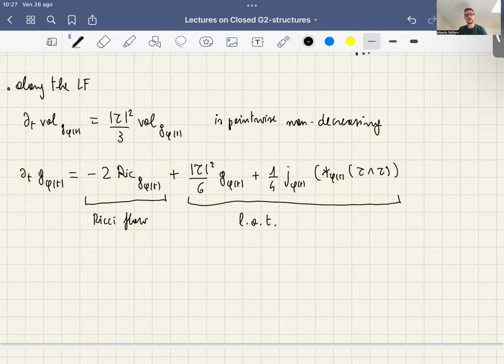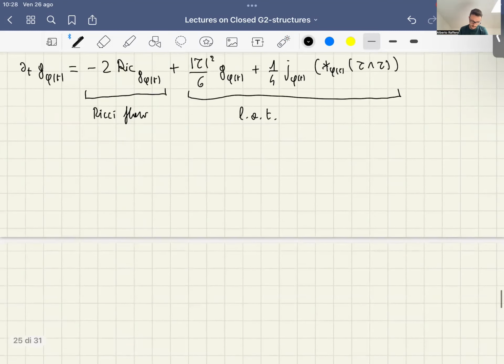What's more is that the Laplacian flow can be interpreted as the gradient flow of a suitable volume function on a manifold. And this was observed by Hitchin. And the result is the following.